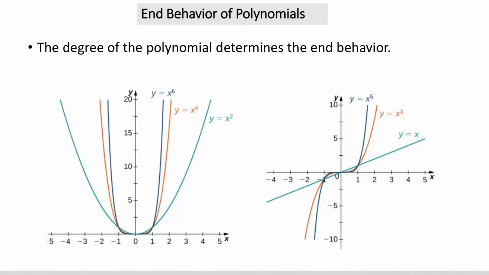If you have an even degree polynomial, you're either going to be up, up if you have a positive leading coefficient, or down, down if you have a negative leading coefficient. If the highest power of the polynomial is odd, you get down, up end behavior if the leading coefficient is positive, and up, down behavior if the leading coefficient is negative.